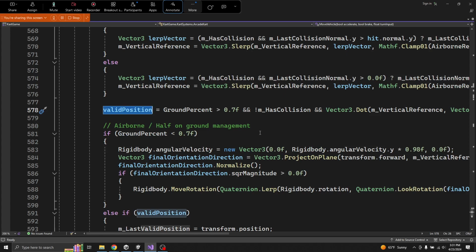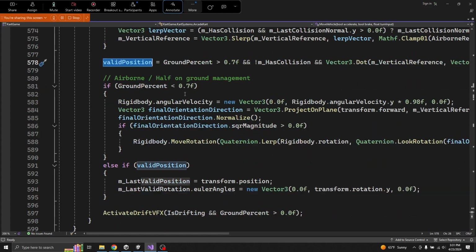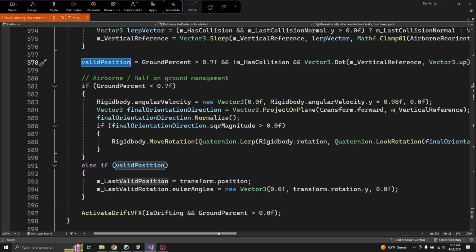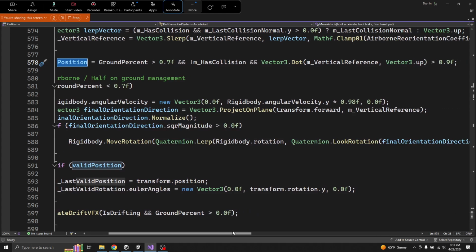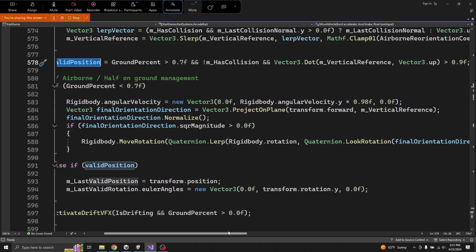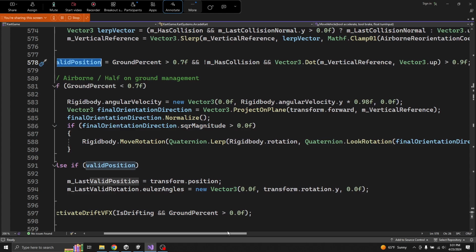Airborne, half on the ground. So if ground percent is less than 0.7, so not all 4 wheels are on the ground. Rigidbody angular velocity equals this. Okay, we're setting our angular velocity. Our final orientation direction, we're going to project on the plane our local forward to our vertical reference.